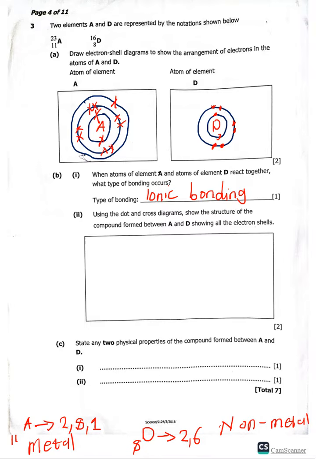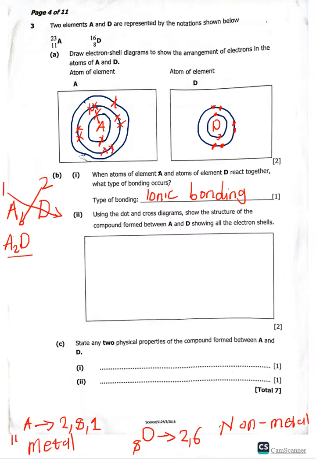So let's look at the chemical formula for this compound. We have A with a valence of 1, since it has 1 electron in its outermost shell. D has 6 electrons in the outermost shell, so it needs 2 more electrons, so it has a valence of 2. If we use the crisscross method, we are going to see that we have A2D.